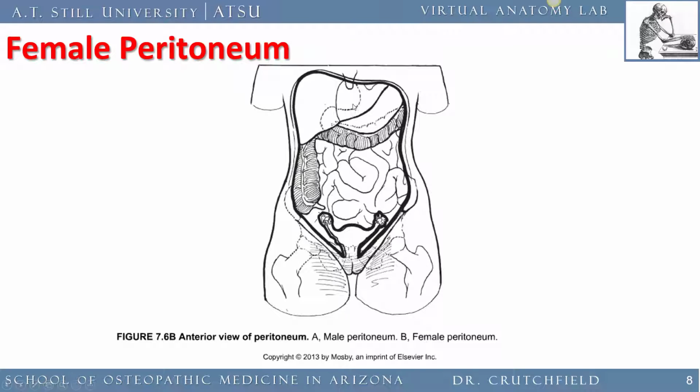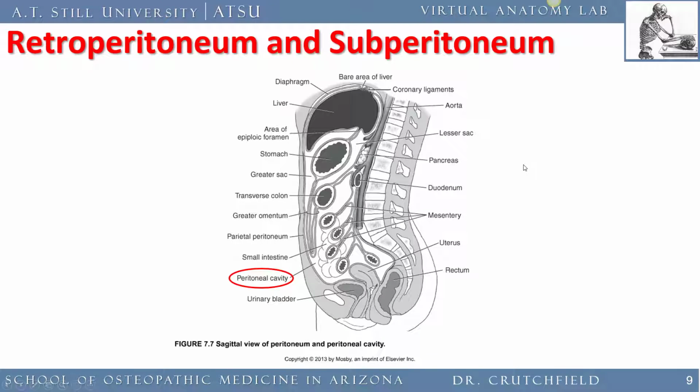And you might get confused by, if we open up an abdomen and look in there, you're going to be able to see the uterus, but it's covered with a very thin membrane of visceral peritoneum, which makes it retro, i.e. subperitoneal. So again, if we look at this sagittal section, we can see the liver here and this peritoneal lining, which comes over the liver, and the bare area of the liver, where the apex of the liver is attached to the diaphragm, there is no peritoneal covering up here.